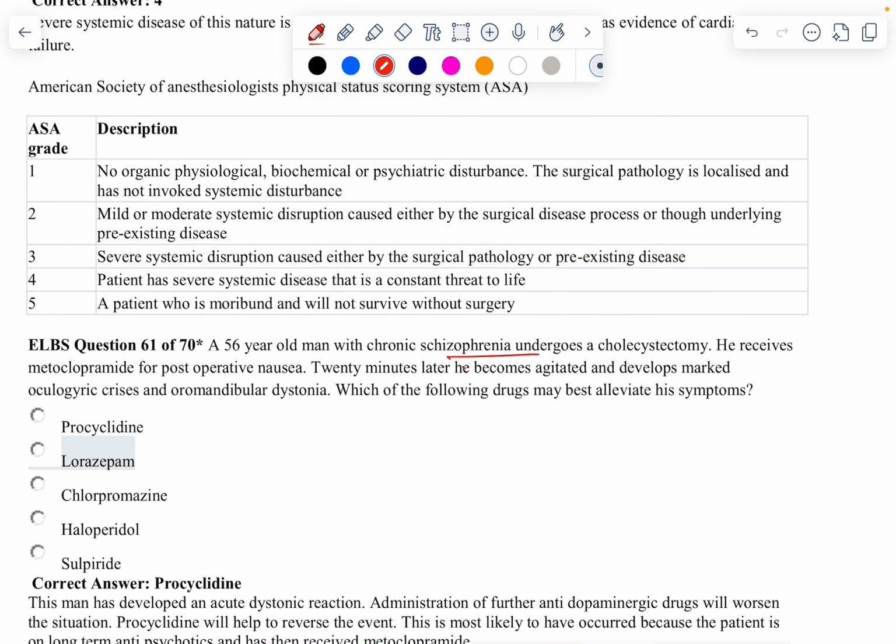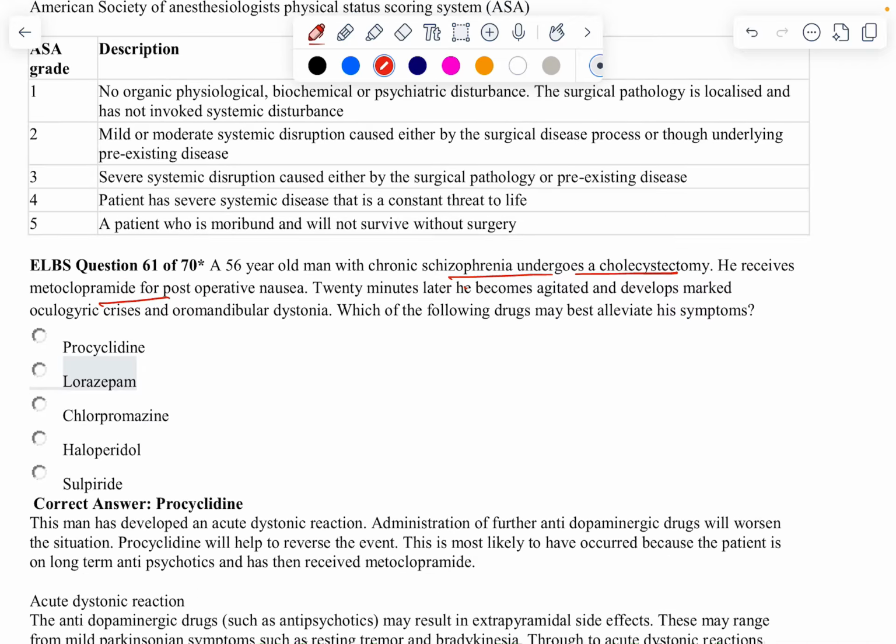A man with chronic schizophrenia undergoes cholecystectomy. He is given metoclopramide for post-operative nausea. 2 minutes later, he becomes agitated and develops marked oculogyric crisis, procyclidine. Which of the following may alleviate the symptoms? This man developed acute dystonia and was administered further anti-dopaminergic drugs.